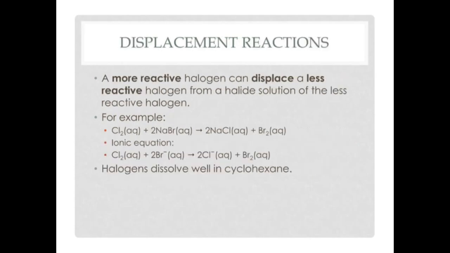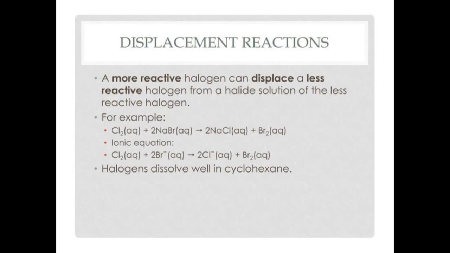Now, another interesting reaction they undergo is called the displacement reaction, whereby a more reactive halogen can displace a less reactive halogen from an aqueous solution of the less reactive halogen or from the solution of their salt. A typical example is when you have chlorine reacting with sodium bromide.